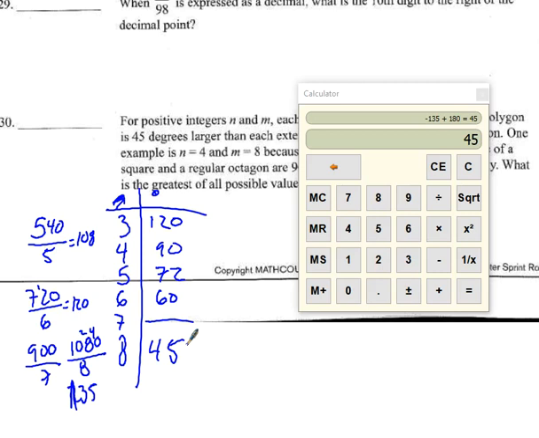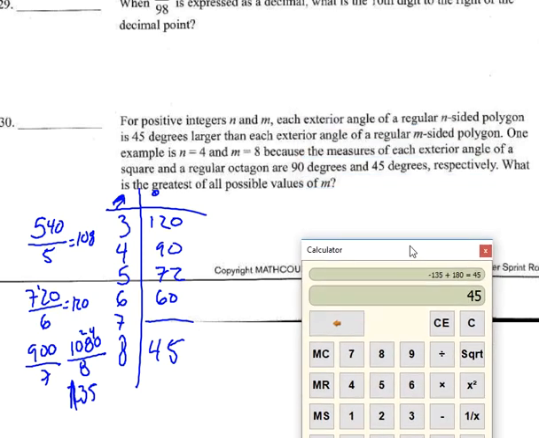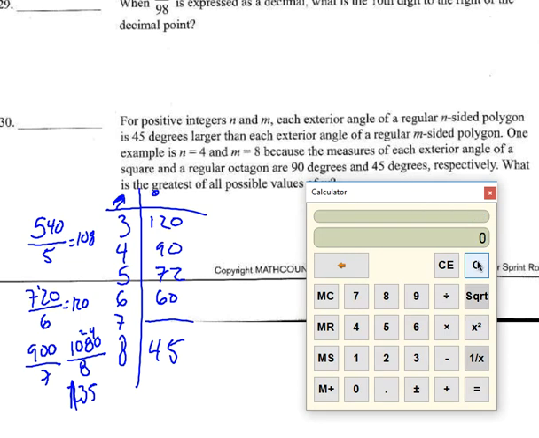All right. Let's go a little bit further. So I have 180 plus, okay, divided by 9. So that's going to be 40. I'm going to go to 10.